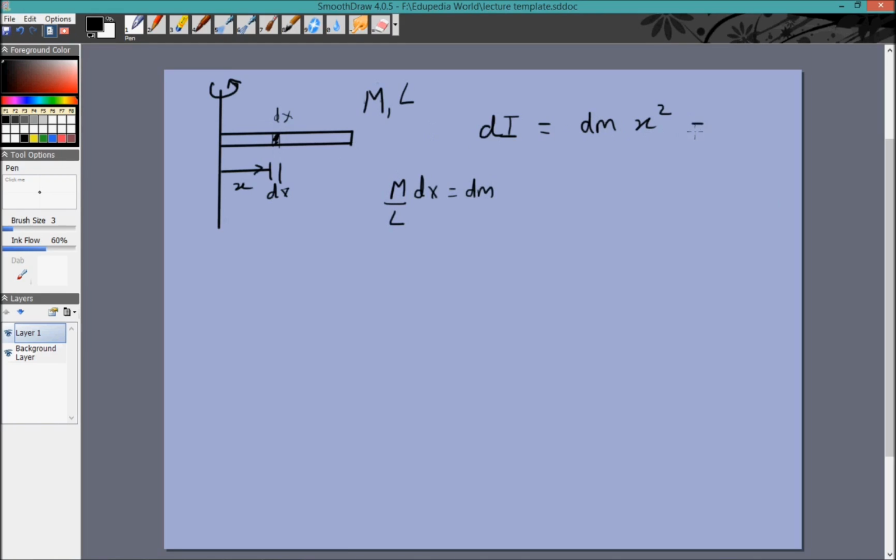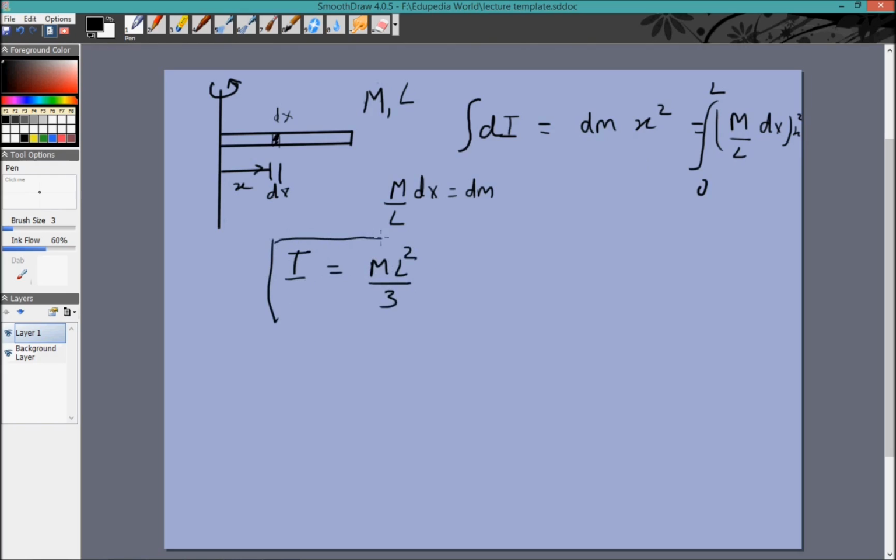So that will give me (m by L) dx x squared. We can integrate it to get the total moment of inertia. x will go from 0 to L. x squared dx will give me x cubed by 3. So that will give me mL cubed by 3 and L will cancel. So I get I is equal to mL squared by 3.